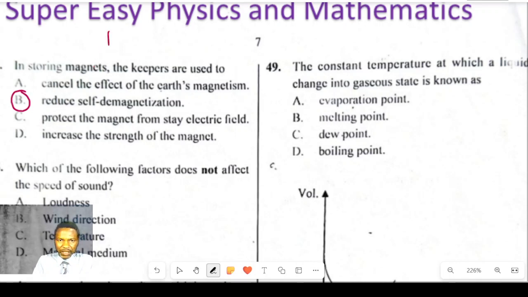So you put the two poles. So you have the north pole, and then you put the two magnets together side by side.